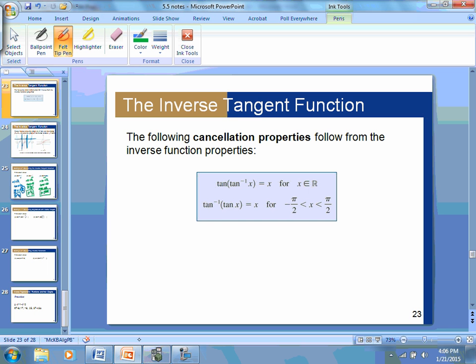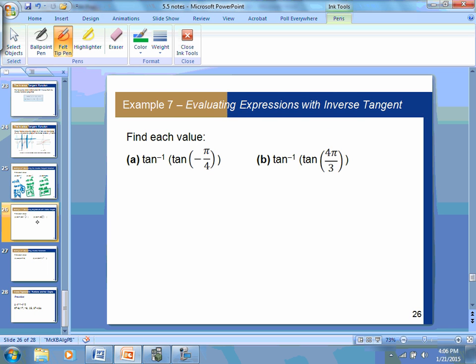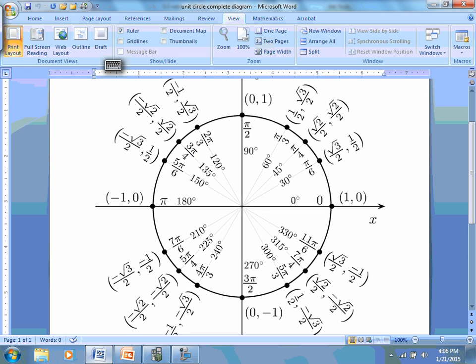Okay, so here I have inverse tangent of tangent of negative pi over 4. So first thing I have to ask myself is, is negative pi over 4 between negative pi over 2 and pi over 2? So let's take a look at my unit circle here.